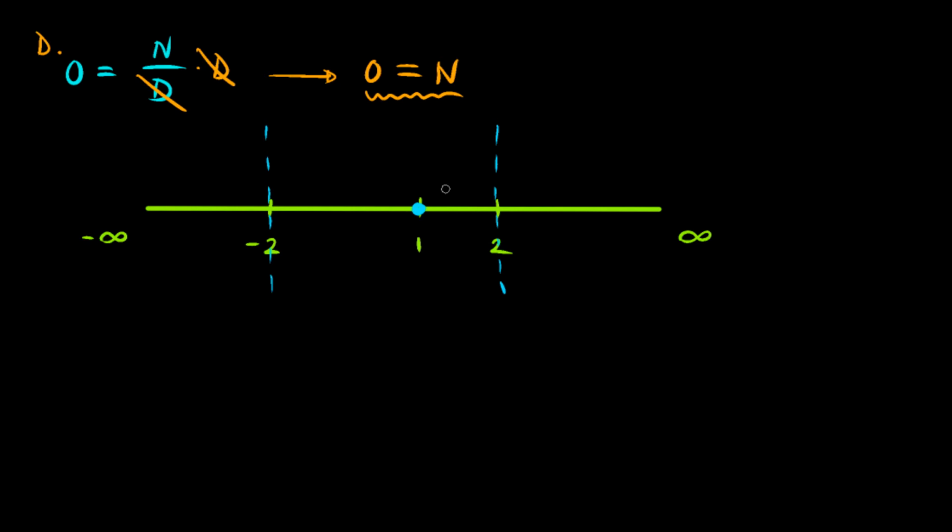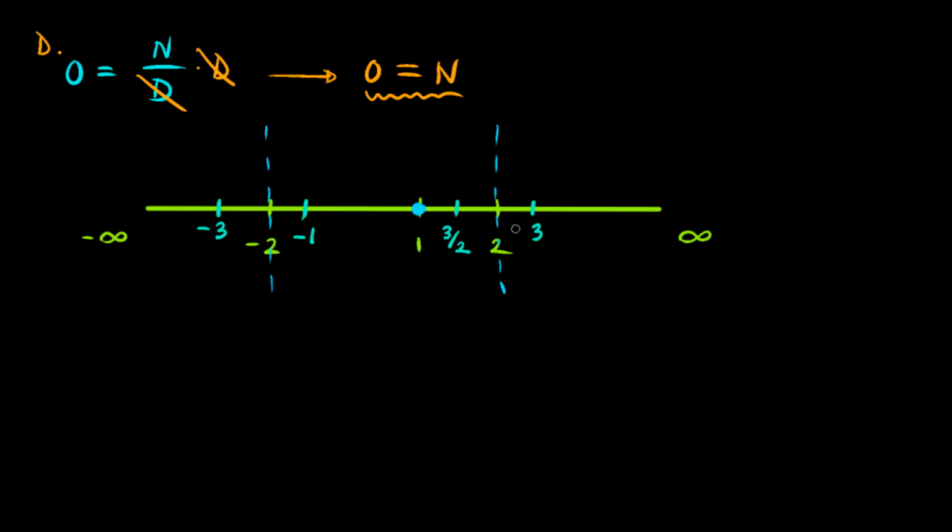You need to find out what's happening to the graph within each critical area and beyond it. So I'm going to choose negative 3. I'll choose negative 1. Let's choose 1.5, so 3 halves. And let's choose 3.